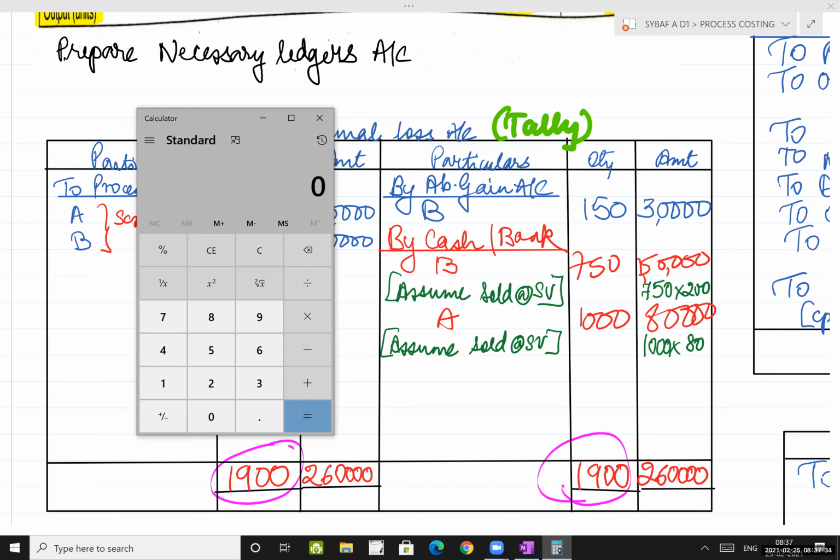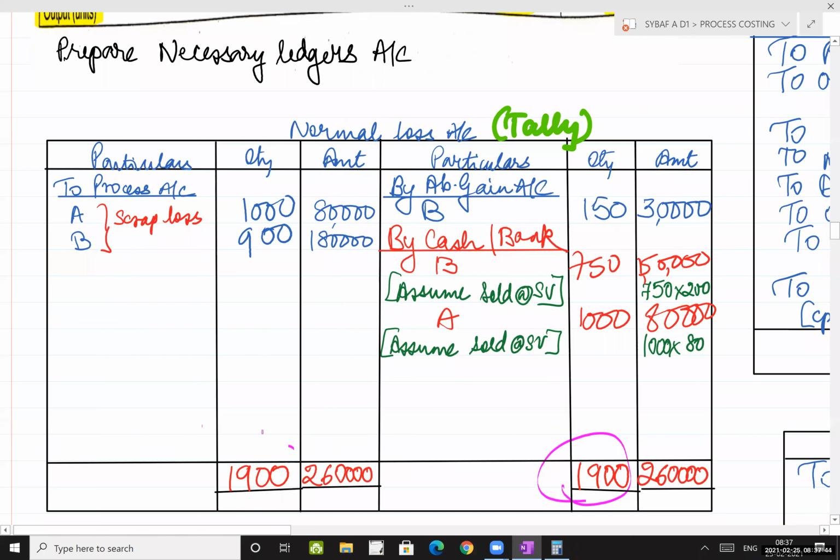See the credit side 30,000 plus 1 lakh 50 plus 80, 2 lakh 60. Okay, it has to tally. If it doesn't tally, that means you have done something wrong. Done with the ledgers. Everyone, note it down.